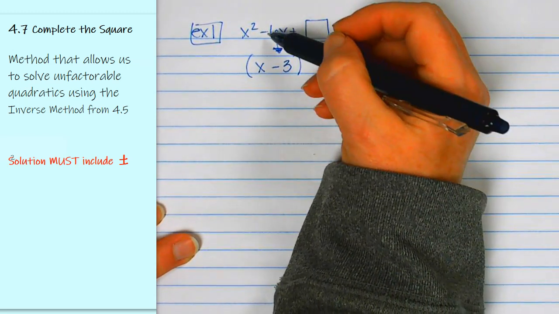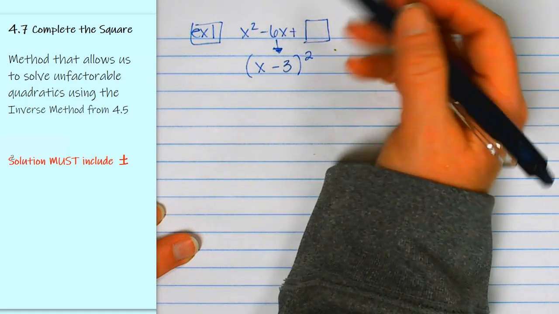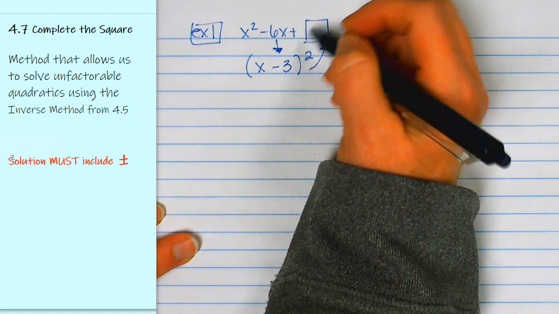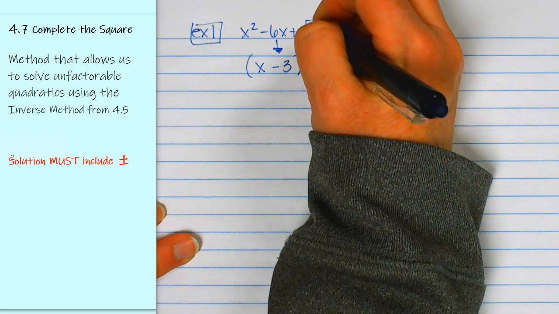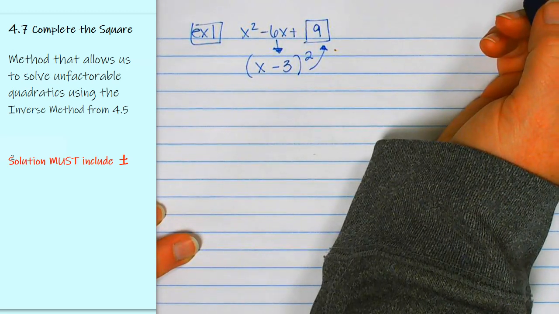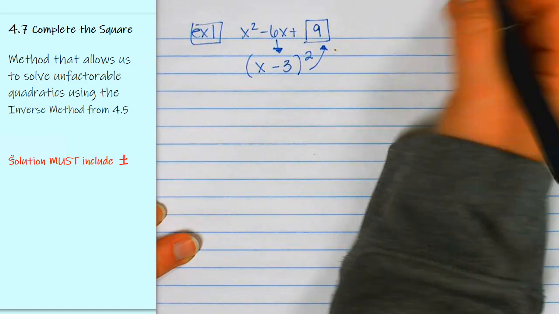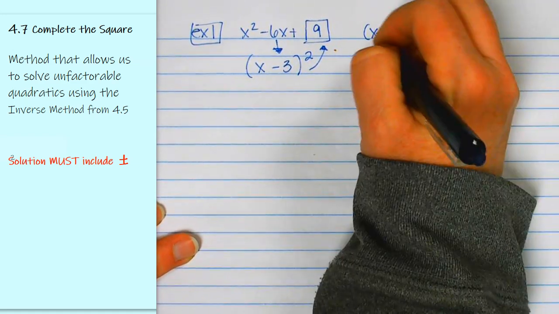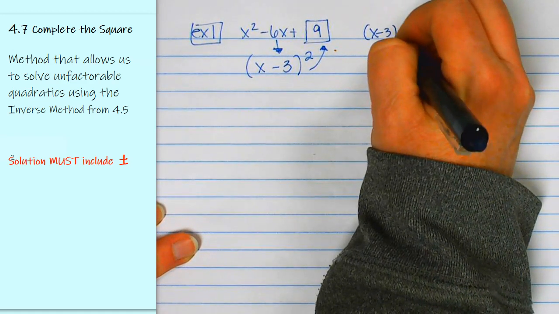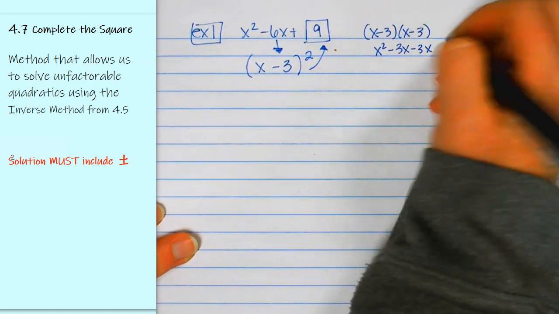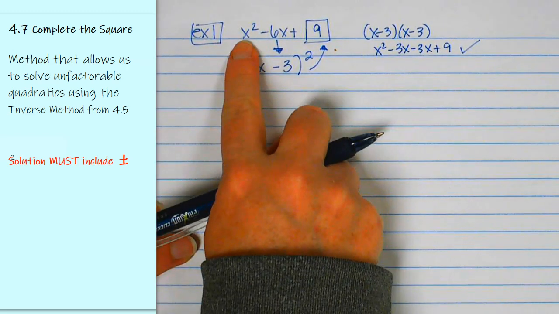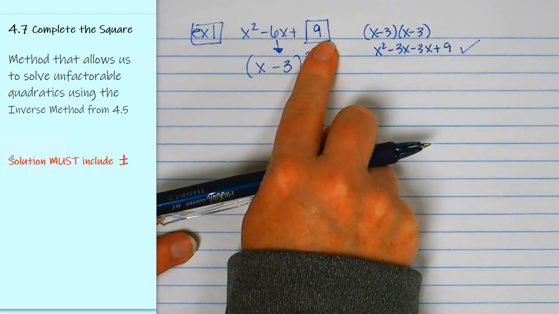So it takes on the same sign as this value, and then to get back here, I'm going to take -3 and square it. -3 times -3 is 9. Does that work? Let's check. X minus 3 times x minus 3 is x squared minus 6x plus 9, and that works.